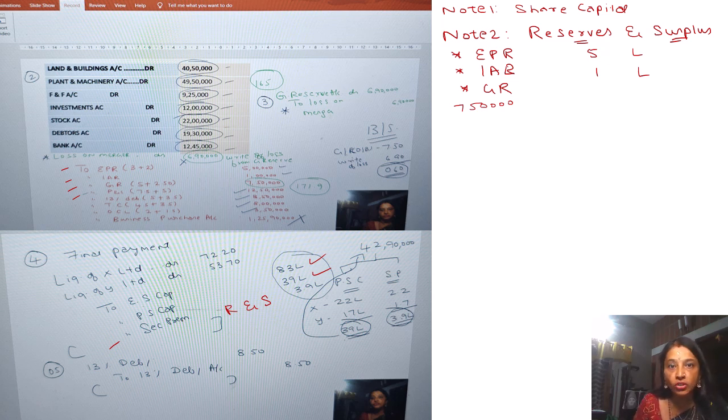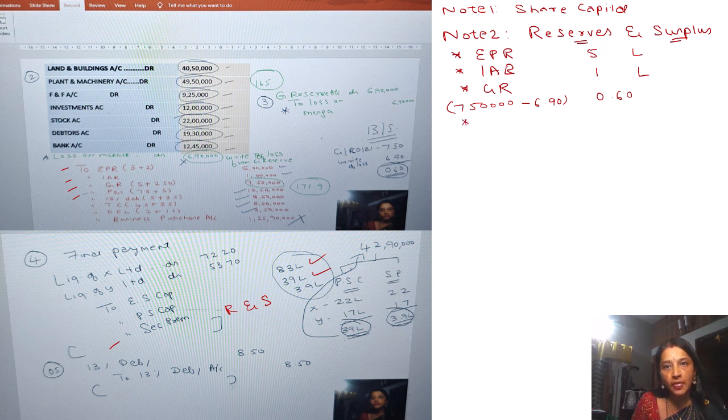As per your third entry, you've taken an amount from the general reserve, 6,90,000. So 7,50,000 minus 6,90,000, you will show only 60,000 as general reserve.